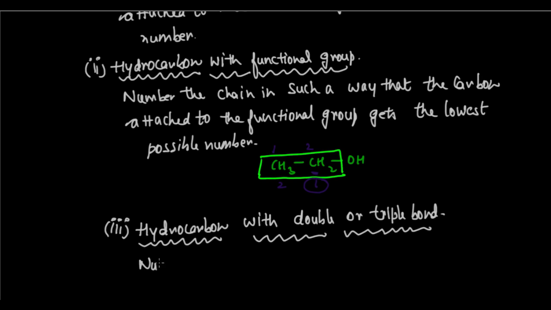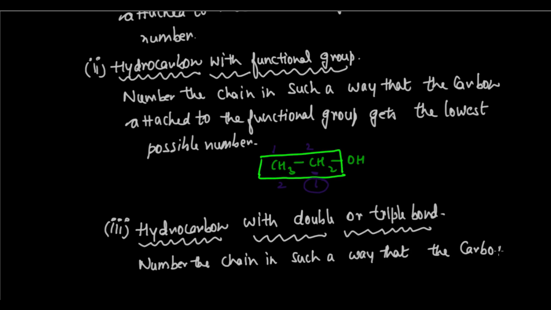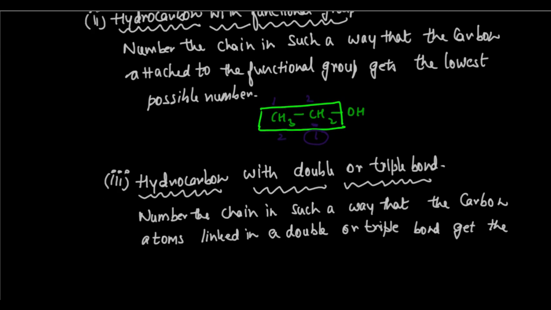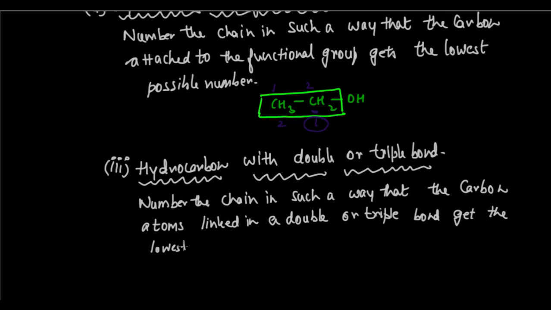So number the chain in such a way that the carbon atoms linked in a double or triple bond, you can take notes of this if you wish, get the lowest possible numbers. Okay, so that's what we need to do as well.